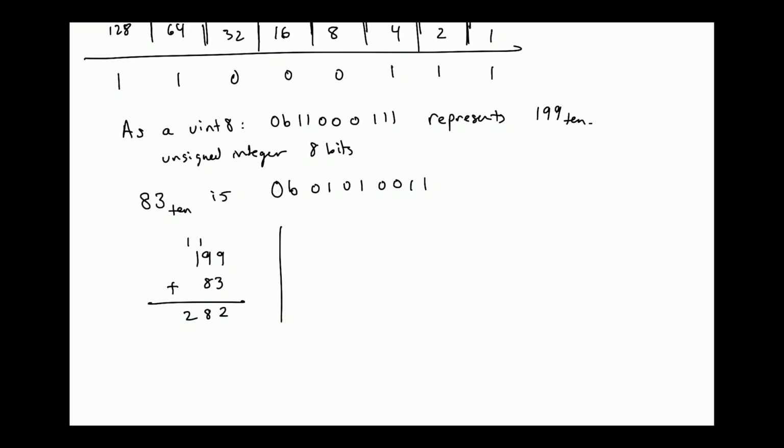All right, let's do the same thing in binary. So 199 was 11000111, and 83 was 01010011. All right.